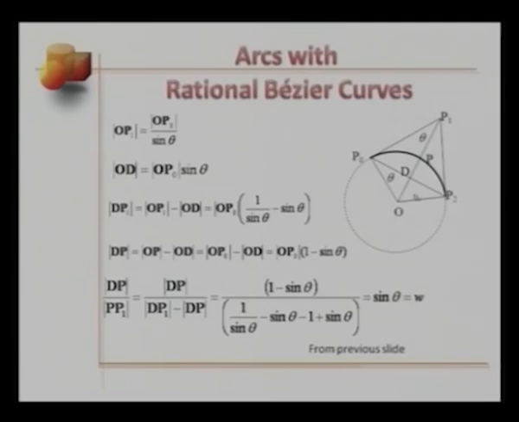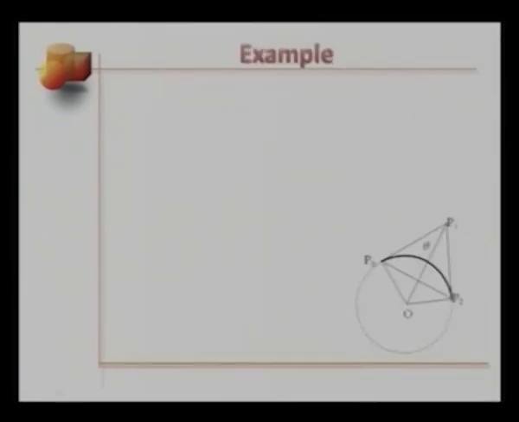This would ensure that this point P corresponding to t equals half lies on the circle defined by 3 points, P sub 0, P and P2. Let's try to solve this example in a slightly different manner.